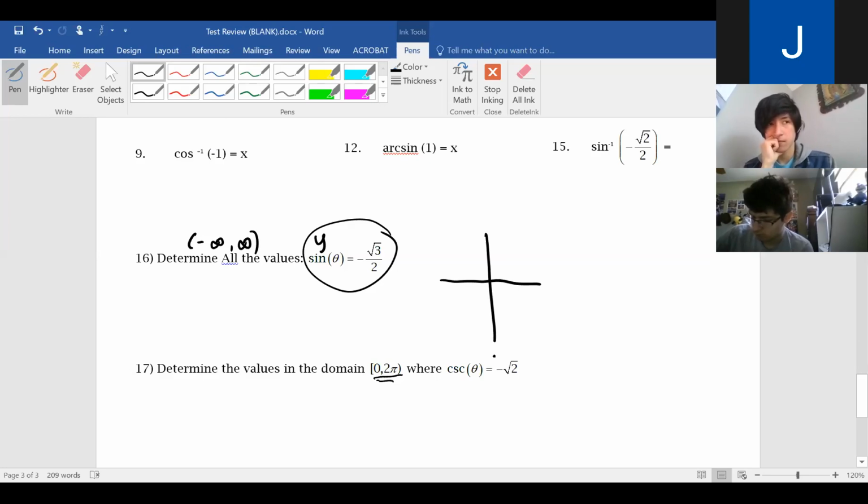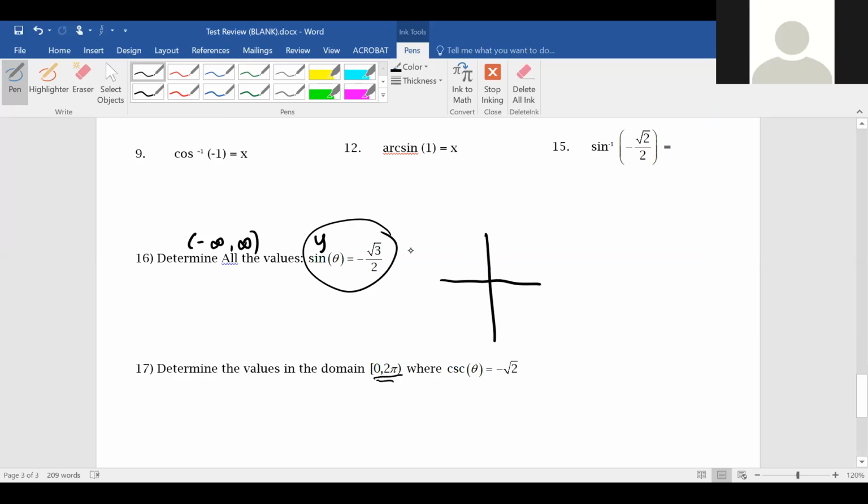We're not telling you not to be able to have your unit circle out. You can have your unit circle out when you're taking the assessment for it. So your y has to be negative. Going up is positive. Going down is negative.